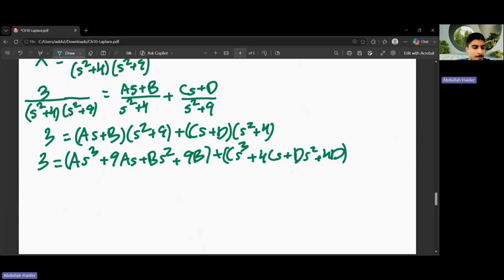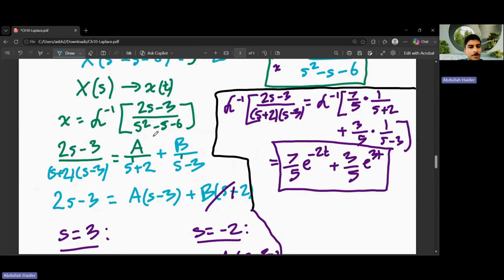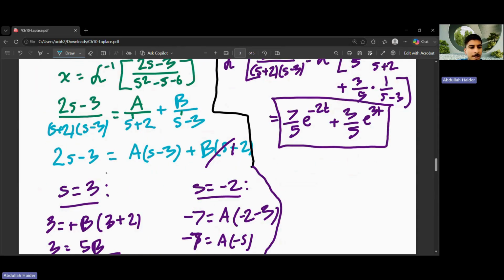Now, this is another method to find the partial fractions. Here what we did before was find the s values which make canceling the constants easier.